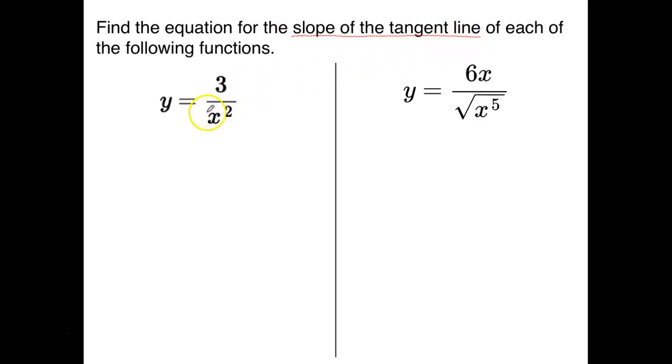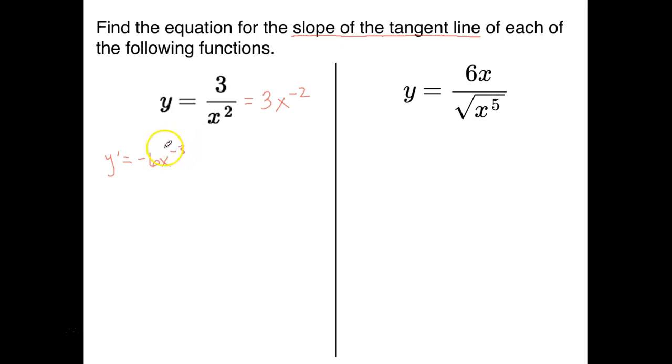Okay, so what we need to do is rewrite this as 3x to the negative 2. Remember, you got to write it on the numerator. So now we can take the derivative. That's going to be negative 2 times 3, which is going to be negative 6. X. Subtract 1 from the exponent.